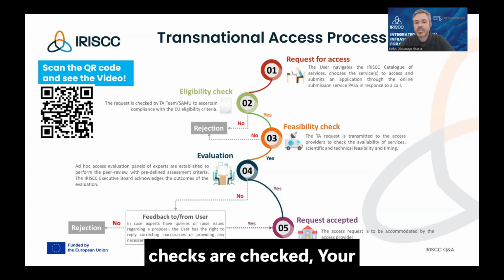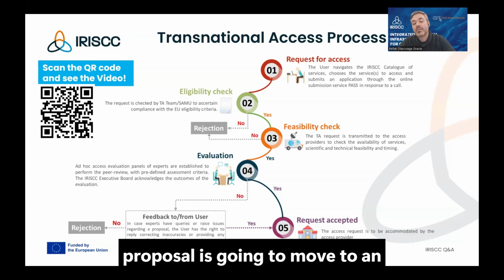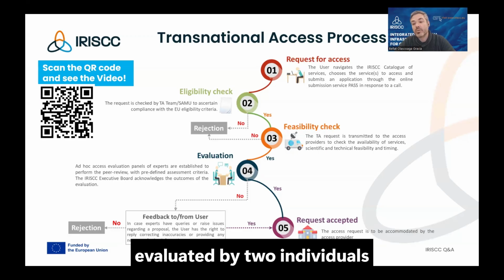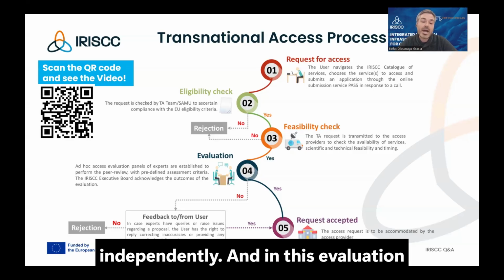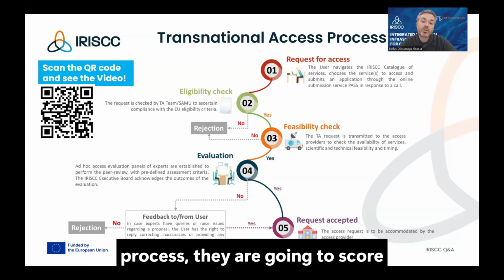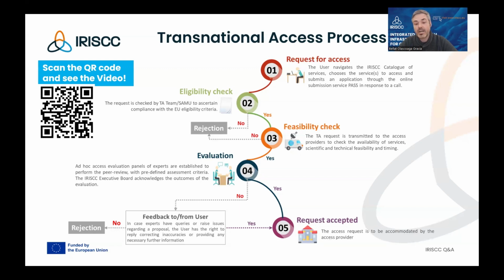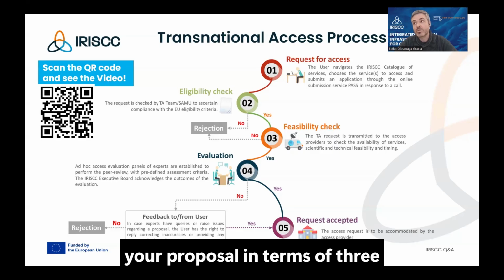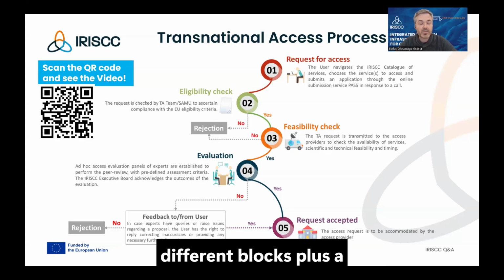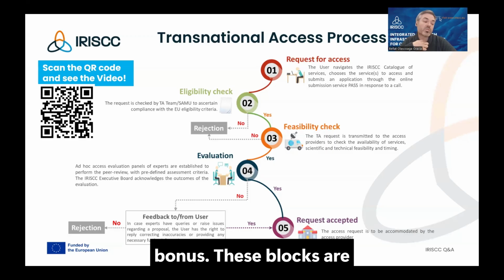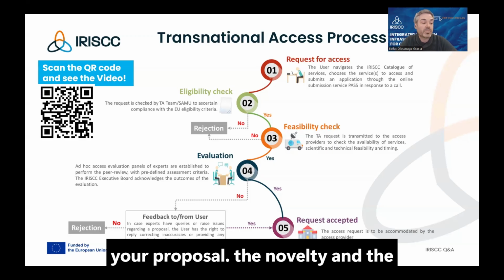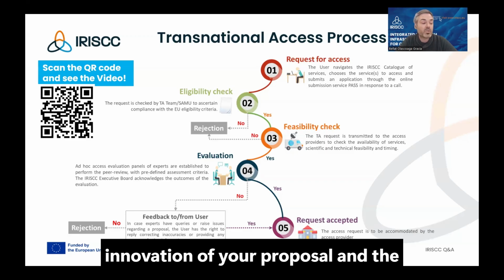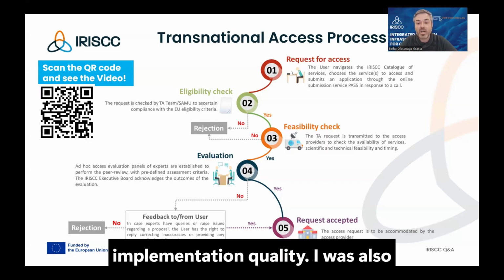After these 2 checks are passed, your proposal is going to move to an evaluation process. It's going to be evaluated by 2 individuals independently. In this evaluation process, they are going to score your proposal in terms of 3 different blocks plus a bonus. These blocks are the scientific and technical relevance of your proposal, the novelty and innovation of your proposal, and the implementation quality.